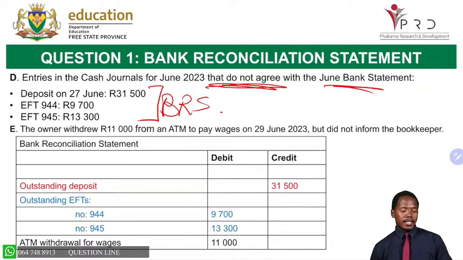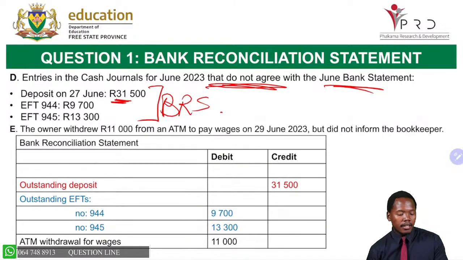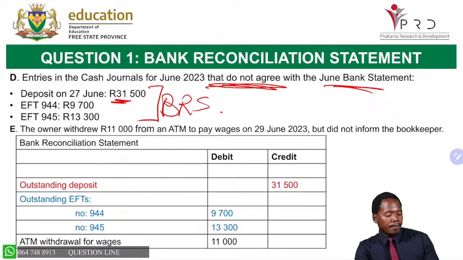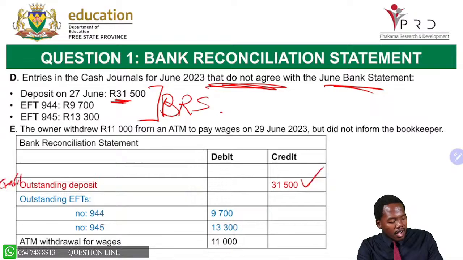Now, how are we going to record this? We are going to start with our outstanding deposit, which is the deposit on 27th June 2023. Remember, the 30,000 and the 18,000 have been solved. 30,000 was solved, and the amount of 18,000 for outstanding deposit from the previous month was also solved. So we record it as our credit outstanding deposit, and then we have the next one, debit outstanding EFTs, 31,500.